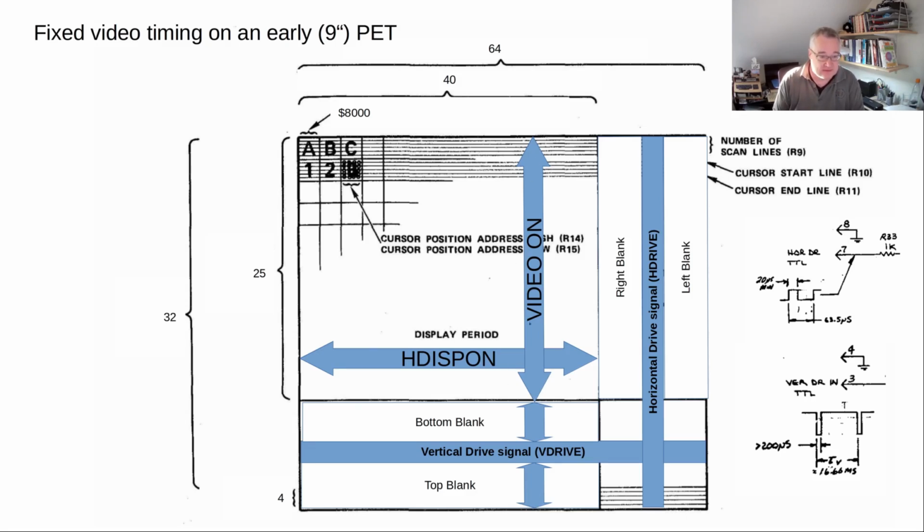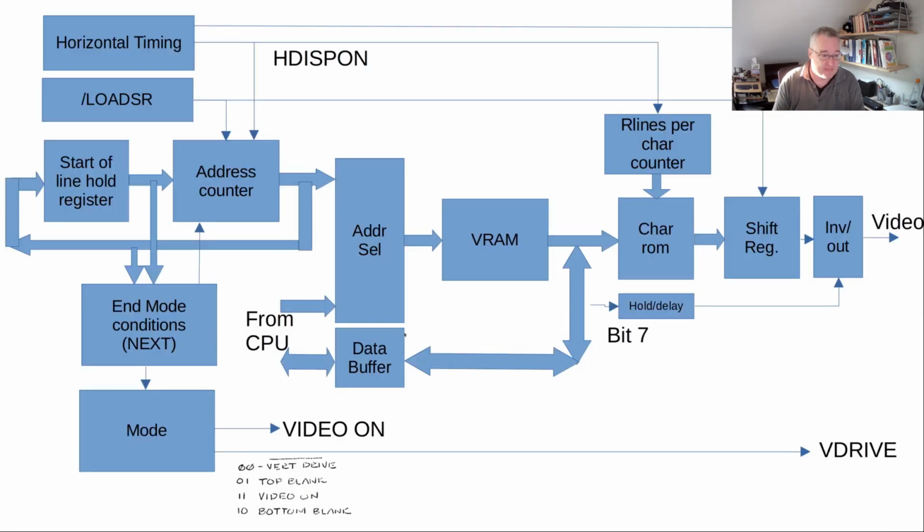So those 4 modes are being iterated over, and the mode only gets the input from this end mode condition, which is called the next signal. And this signal depends just on the value of the start of line hold register and the address counter. So we're going to go into more deeper detail later on.